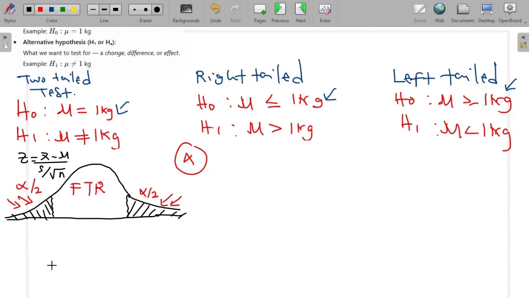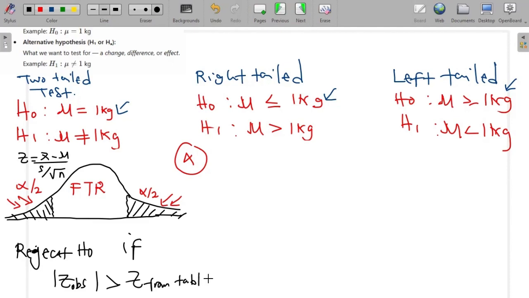If I write it in terms of a formula, I'm going to say reject H naught if the modulus of Z observed is greater than the Z value from the table. We're going to find out later how to find it. This Z value from the table is going to be based on this alpha over 2.